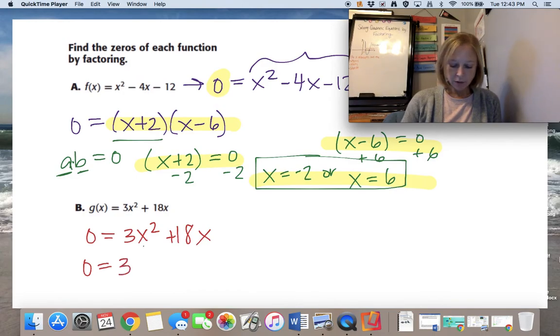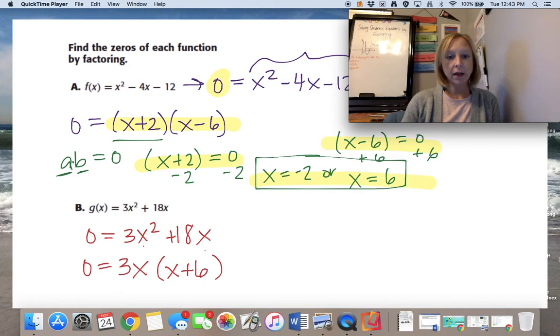I have an x squared here and an x there. I can factor x out of both terms. Now I divide to know what's left over, and the leftovers go in my parentheses. 3 divided by 3 is 1. I had x squared, I divided out an x, there's 1 x left. 18 divided by 3 is 6. I had 1 x, I divided it out, there are no x's left. So this is my factored form right here.